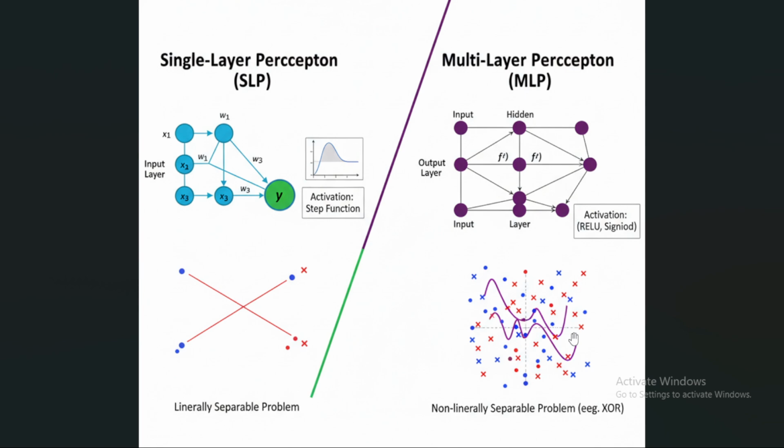Each neuron in a hidden layer is a perceptron. Output layer: the final layer that produces the result, a class probability or a regression value. Non-linear activation function. This is the critical upgrade. Instead of the step function, MLP uses smooth non-linear functions like ReLU and sigmoid.